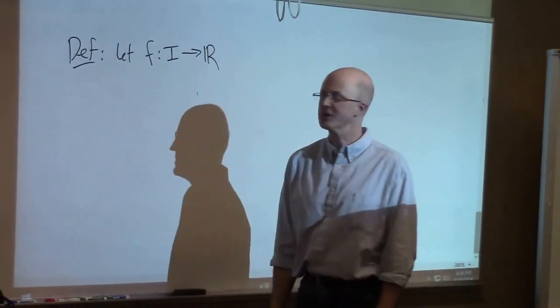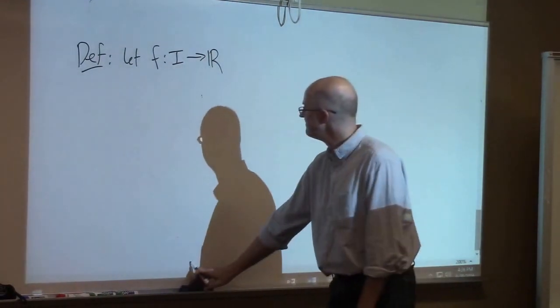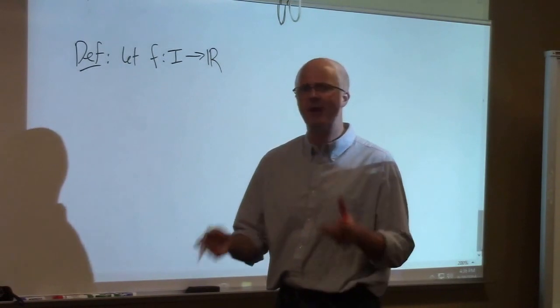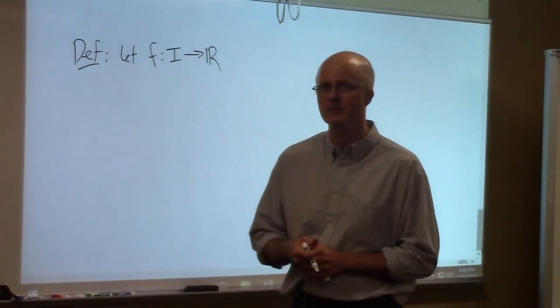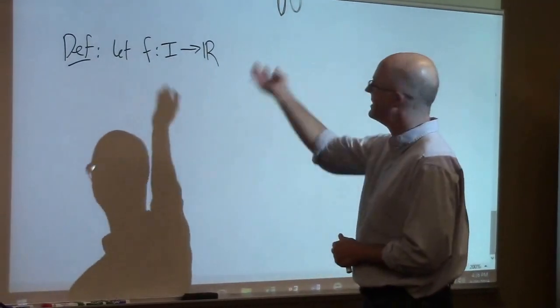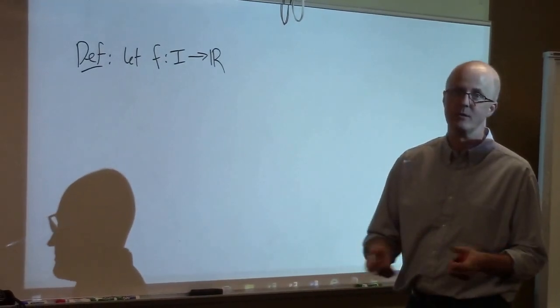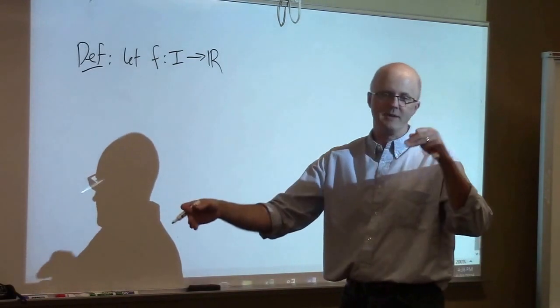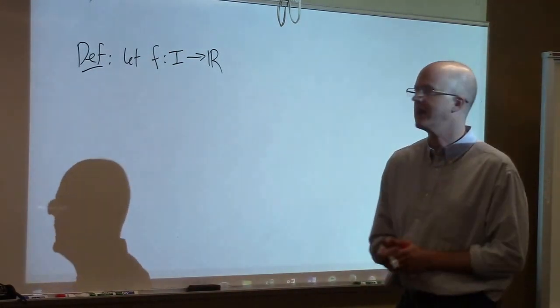Here's the codomain. The function outputs are real numbers. I'm not going to assume anything about I here. In the extreme value theorem, you have to assume I is a closed and bounded interval. Here, I could be anything. Closed and bounded interval, open and bounded interval, unbounded interval. Maybe you include the left endpoint, but not the right endpoint. It could be any kind of interval.